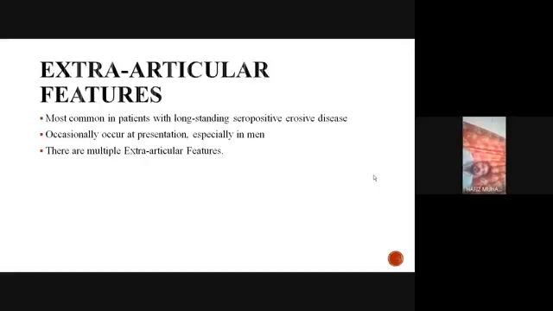These antibodies are called rheumatoid factors, which is a protein made by the immune system that can attack healthy tissue in the body. Healthy people don't have RF, so the presence of RF in your body can indicate that you have an autoimmune disease. These occasionally occur at presentation, especially in men.